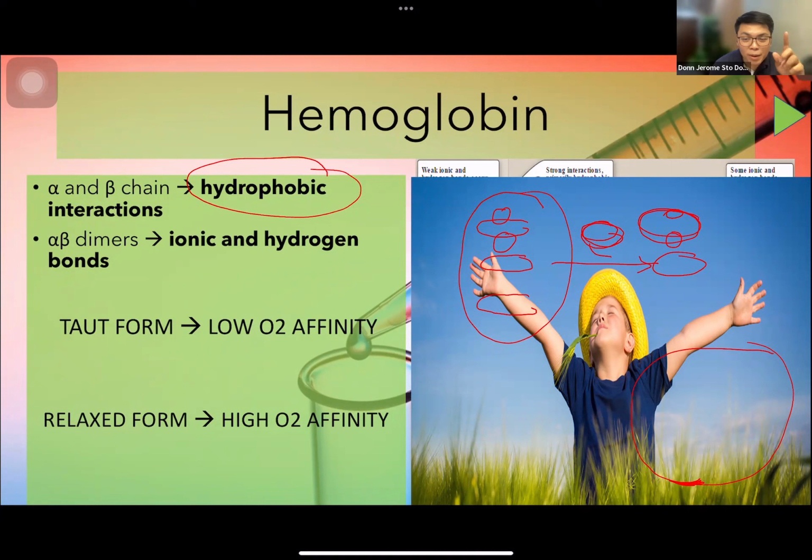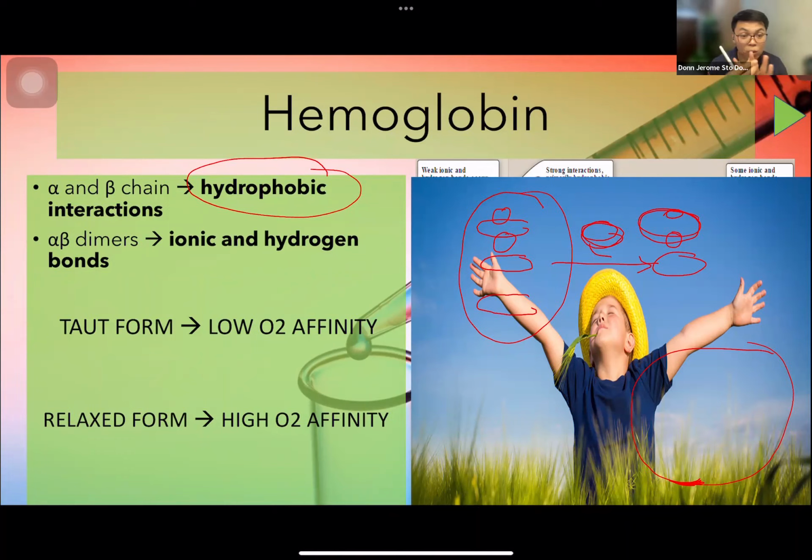Please remember a very important concept. Binding of the first oxygen molecule is the hardest. Among the 4 subunits, the first oxygen molecule would have the hardest time to bind. But binding of the first oxygen will make it easier for the second oxygen to bind, because it's able to disrupt some of the polar bonds already.